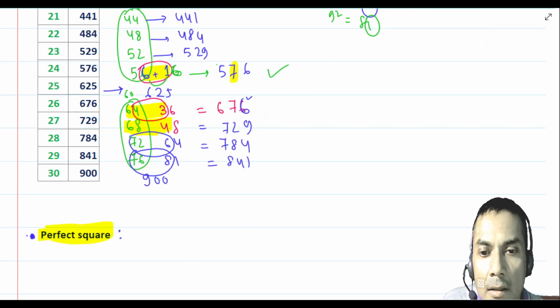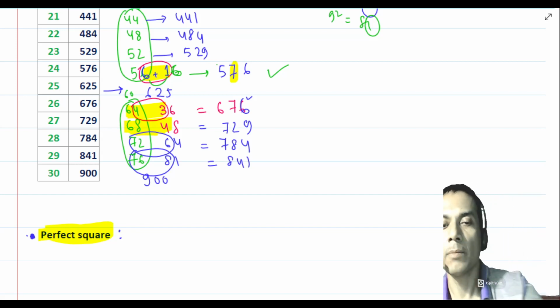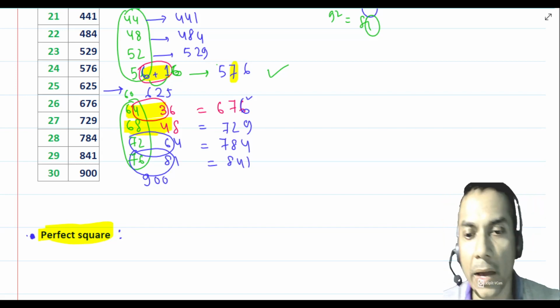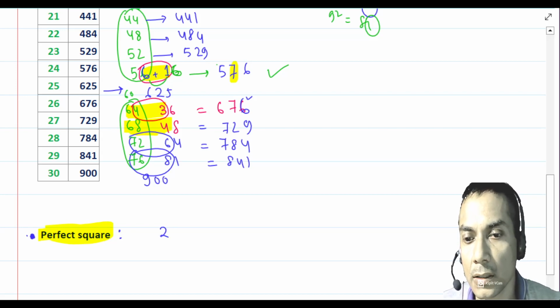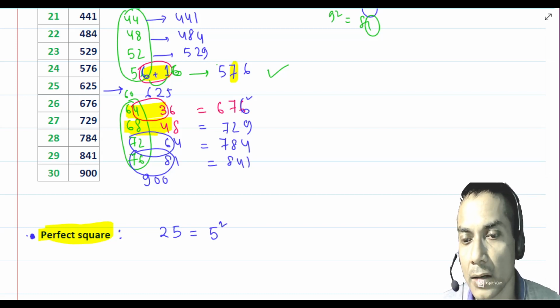Now we learn about perfect squares. So what are those numbers which are perfect squares? The definition is, with an example we try to understand. Consider the number 25. So we know that 25 is actually 5's square.